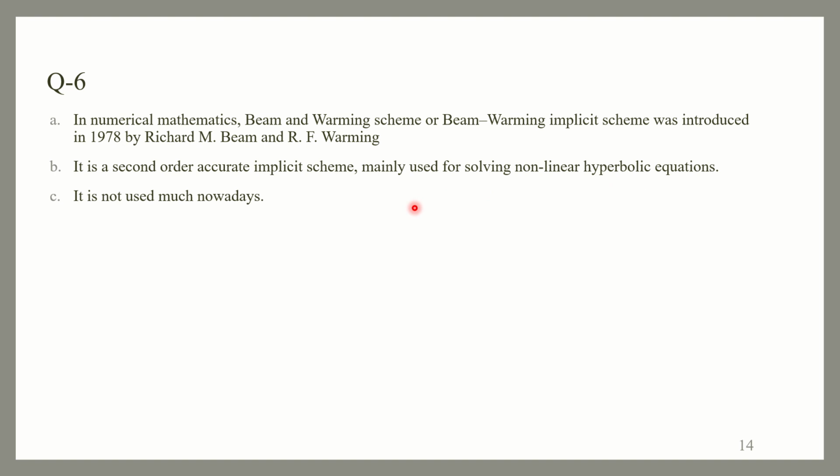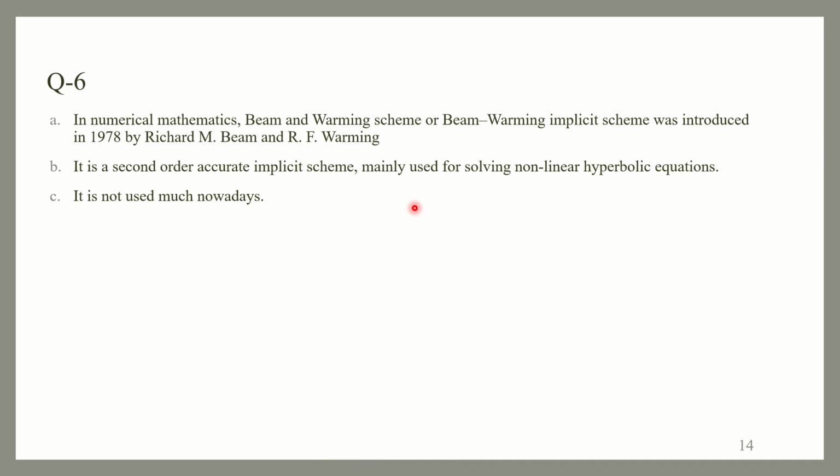In the Beam-Warming scheme, we would be solving a system of equations, using the tridiagonal form or any other mathematical representation to solve it simultaneously, like in the implicit method.